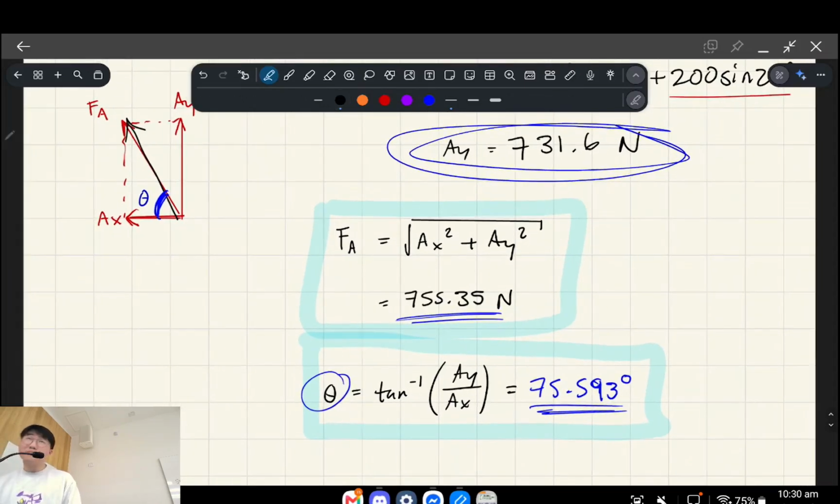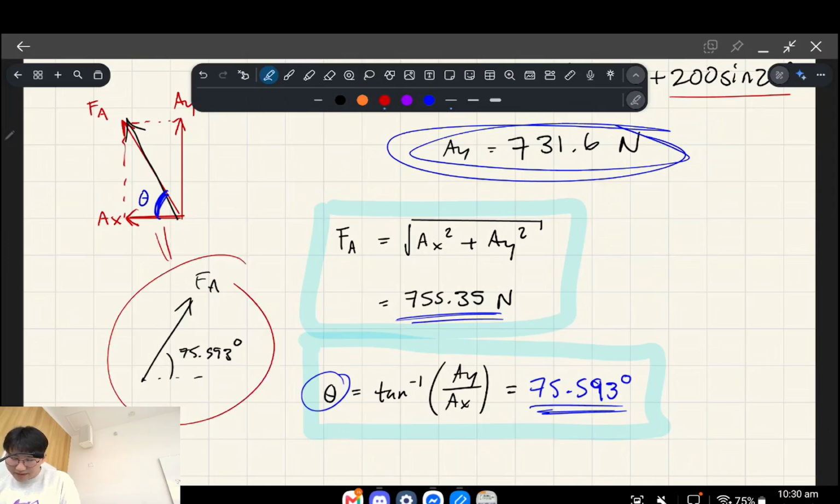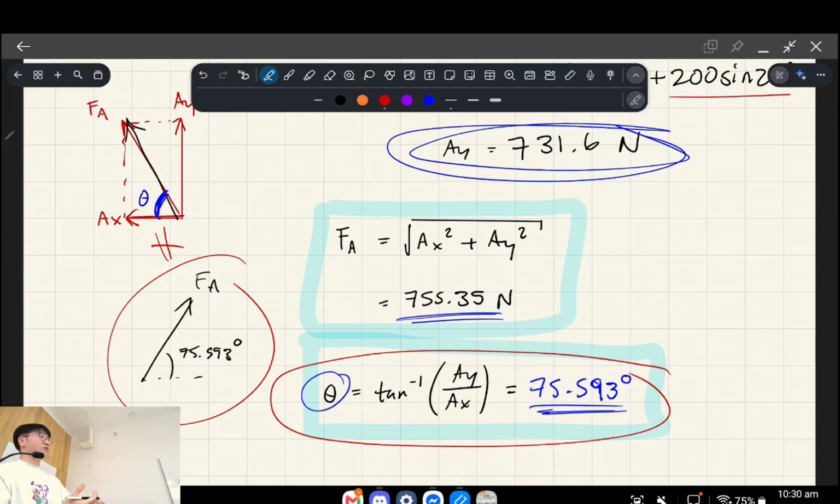But going back to what you were saying, if we have a force that's like that, and then that angle is, let's call it FA, right? That is not the same as that, because when we say an angle, we have to say it relative to a direction.